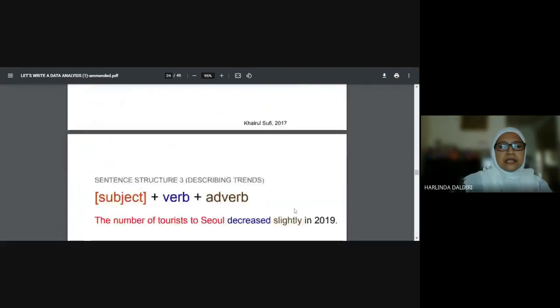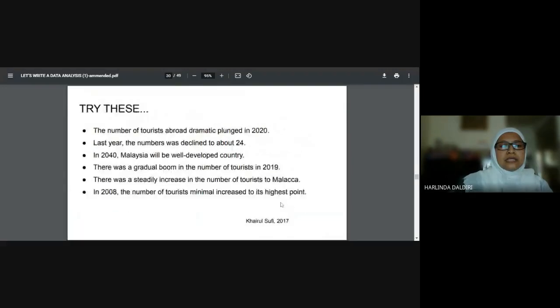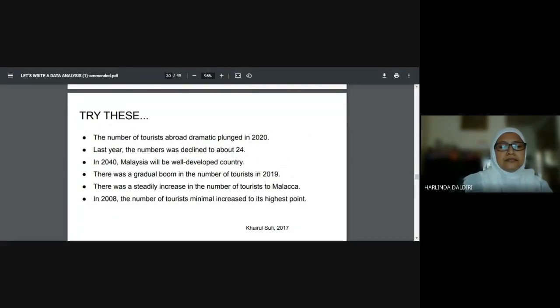The structure is similar. What is the meaning of boom? Increase, yes. It's not bomb or explosion, or explosive. So boom here means that the number rose dramatically.